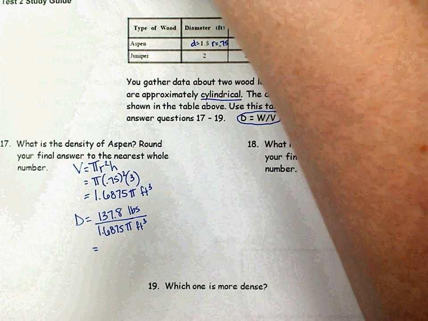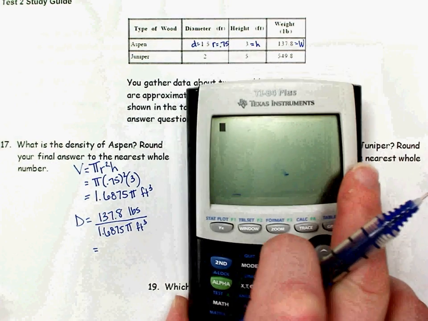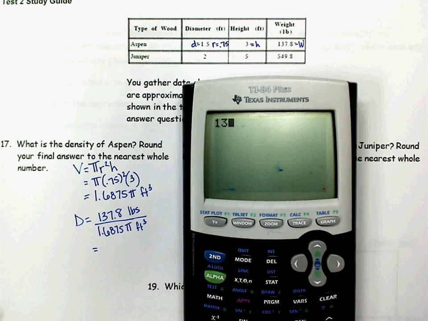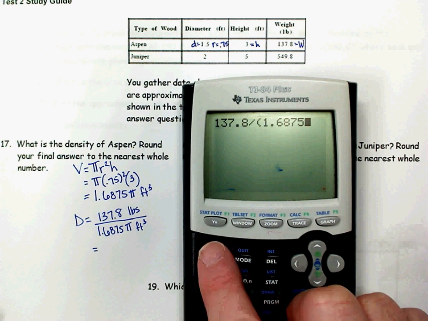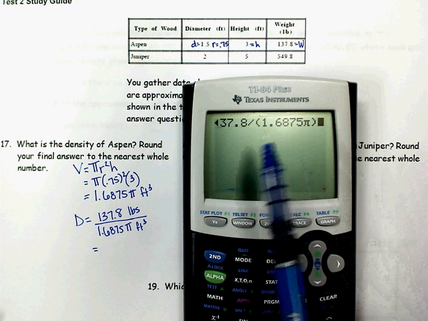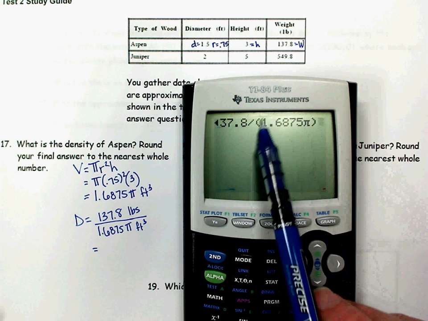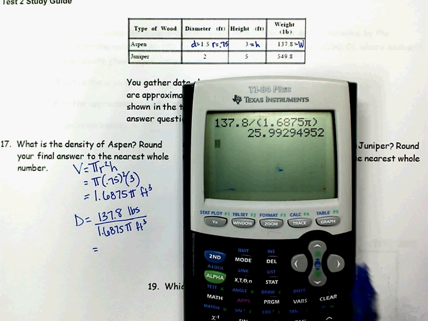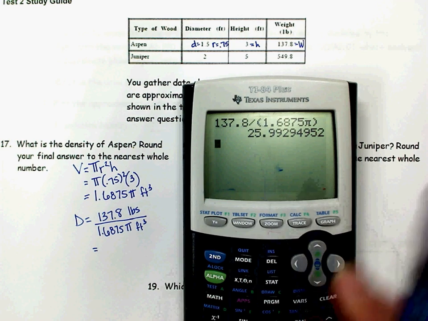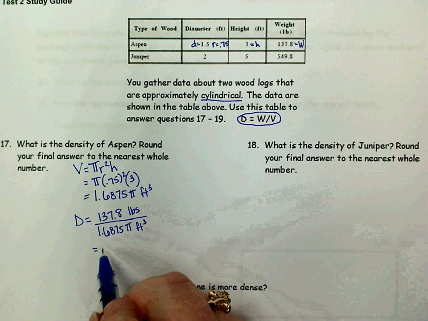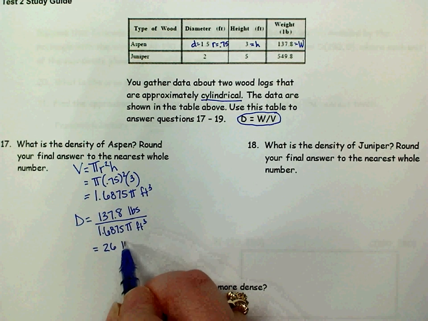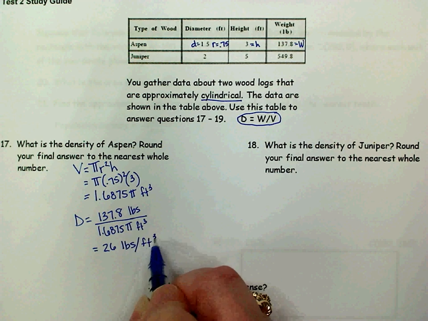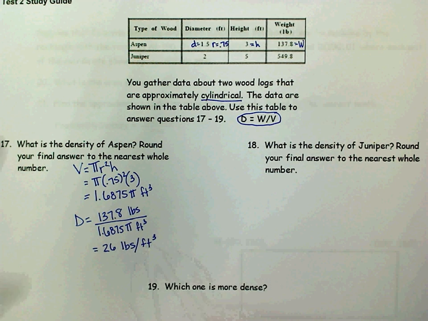Now remember from number 16, when I put this in the calculator, I'm going to put 137.8 divided by, and I'm going to put the denominator in parentheses, 1.6875 pi, close my parentheses. So my calculator knows to divide by the product of those two numbers. We're rounding to the nearest whole number, so that 9 makes the 5 become a 6. So our density would be 26 pounds per cubic foot. Don't forget your units there. So your weight per volume unit.